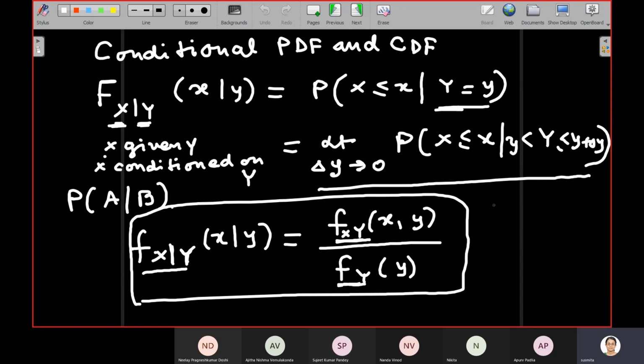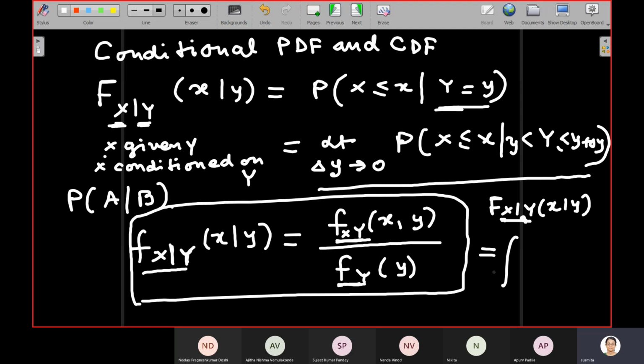Here I'll note how to get the conditional CDF from the conditional PDF. The same thing has to be done. The moment we do X conditioned on Y, we do not treat Y as a random variable. The moment Y appears on the right side of the bar, Y is not random. X is the only random quantity. Okay.